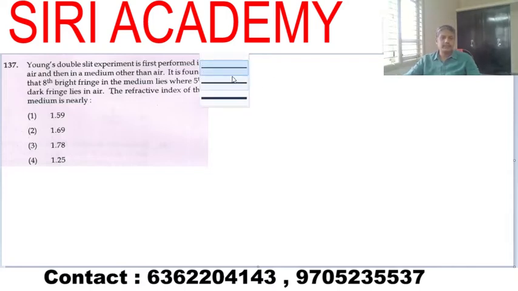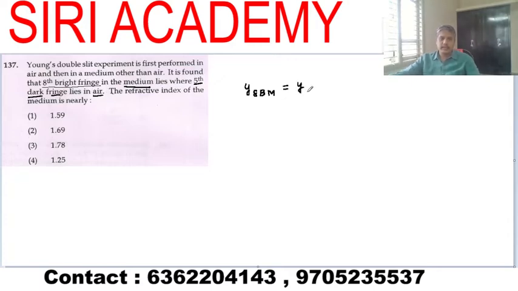So, the 8th bright fringe in the medium lies where the 5th dark fringe lies in air.